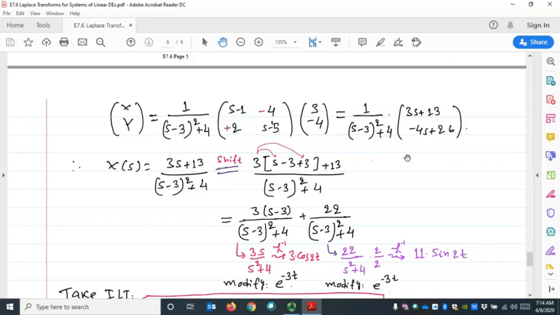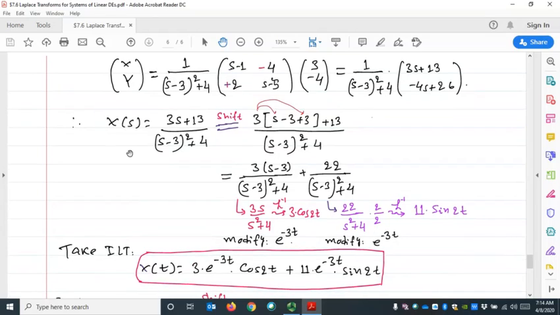Now we found capital X equals 3s plus 13 over s minus 3 quantity squared plus 4. Capital Y equals negative 4s plus 26 over s minus 3 quantity squared plus 4.